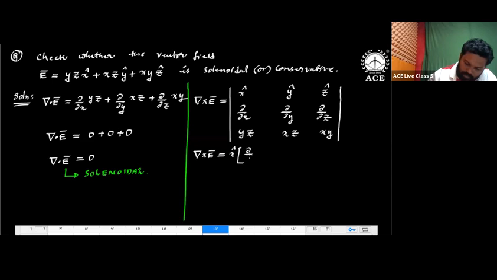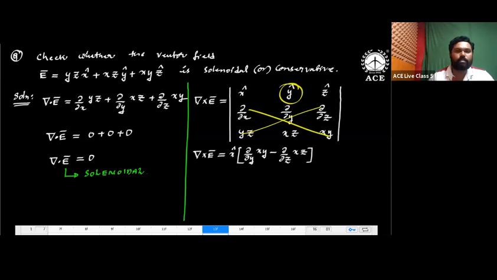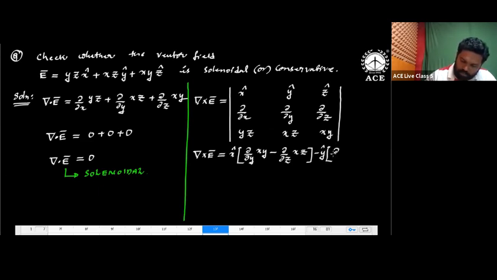So here it is: x cap into dou by dou y of xy minus dou by dou z of xz. Next one is a minus y cap into this minus this into this: minus y cap into dou by dou x of xy minus dou by dou z of yz.